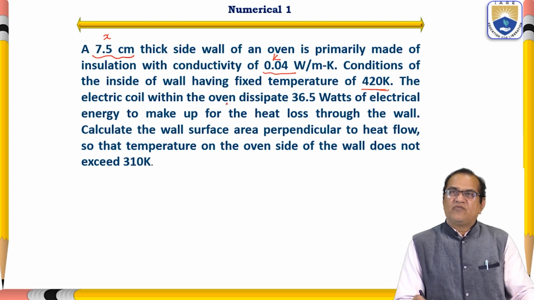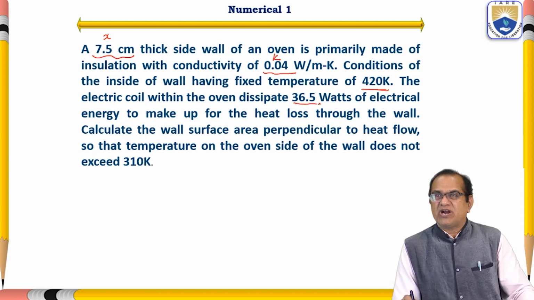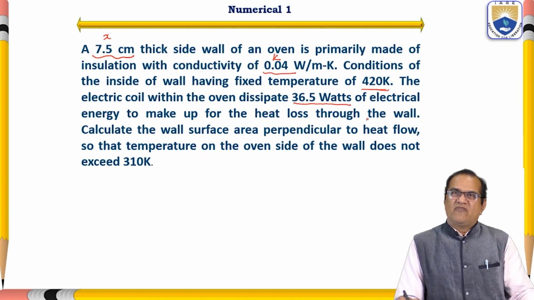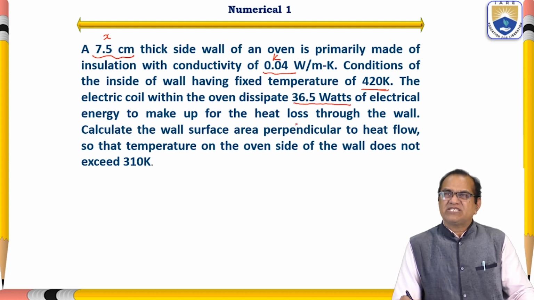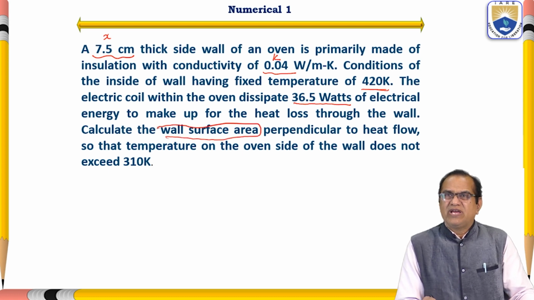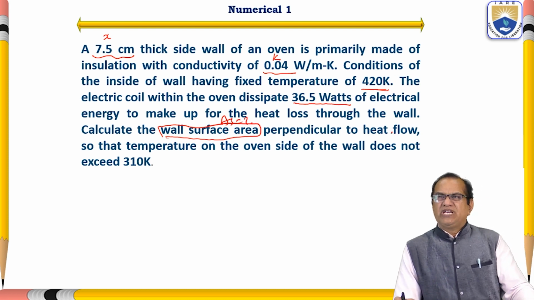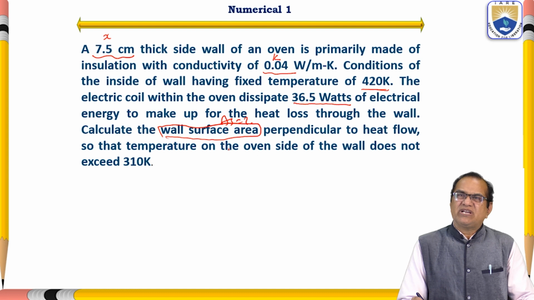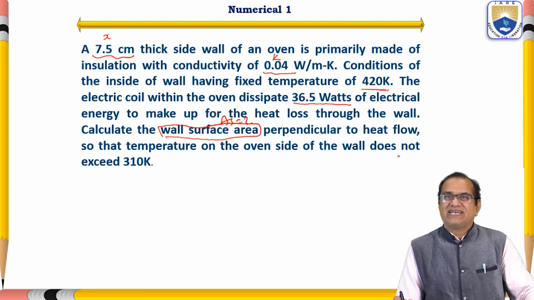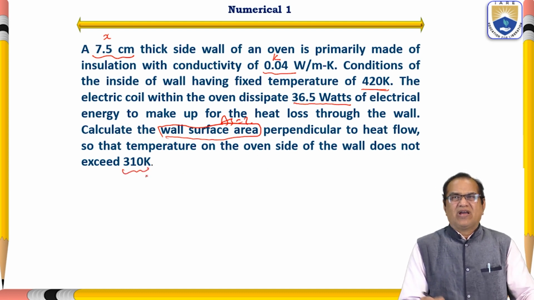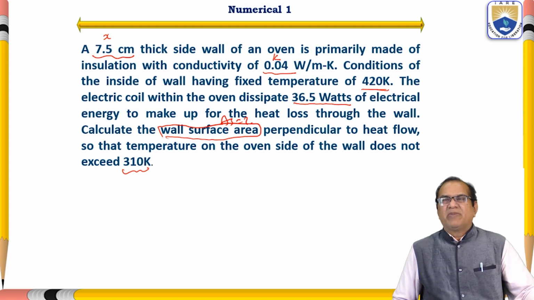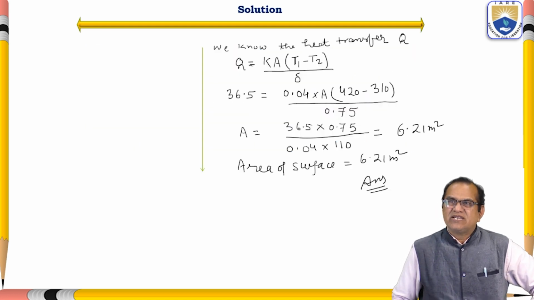The electric coil within the oven dissipates 36.5 watts of electrical energy to make up for the heat lost through the wall. We have to find the wall surface area, A_s, perpendicular to heat flow, so that the temperature on the oven side of the wall does not exceed 310 Kelvin. So these are the parameters given in this problem.